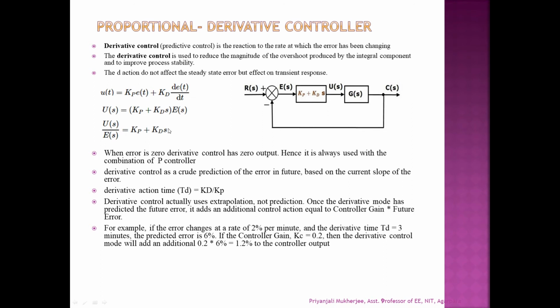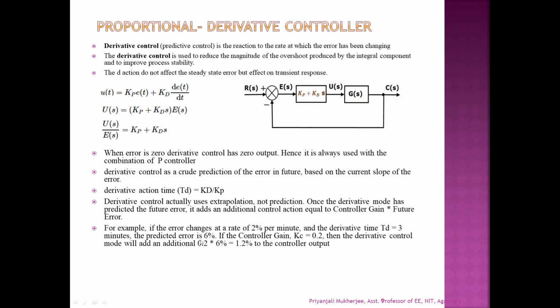The derivative control can predict the error in future based on the current slope of the error. And we have considered that the derivative action time is equal to the ratio of Kd by Kp. And once the derivative mode has predicted the future, it can add an additional control action. For example, the error changes at a rate of 2% per minute and the derivative time Td is given as 3 minutes.